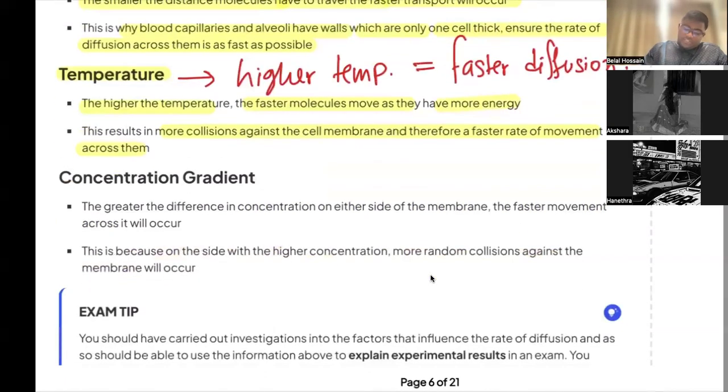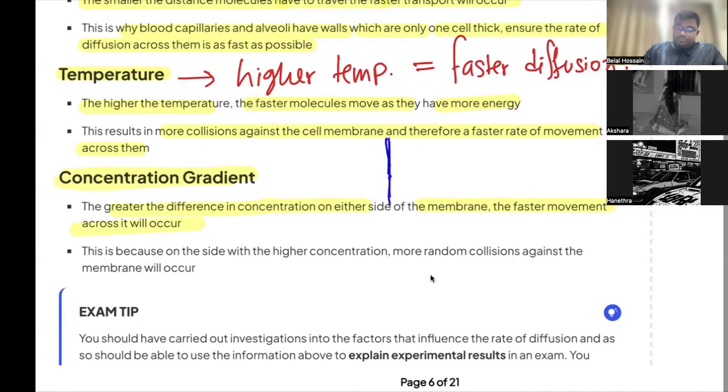For concentration gradient, the greater the difference in concentration on either side of the membrane, the faster the movement across the membrane will occur. Meaning there must be a high concentration difference. So let's consider this blue line as the separation.